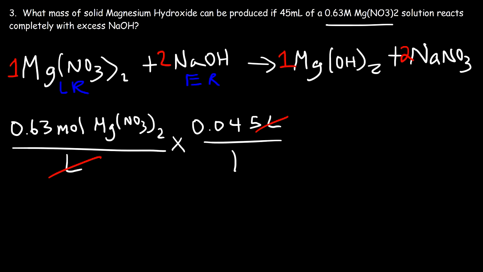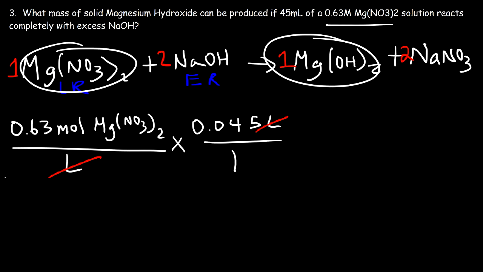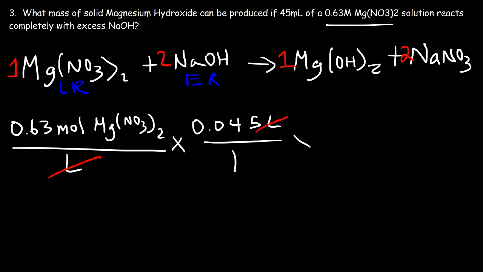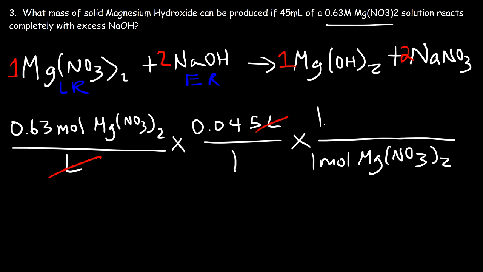Now let's change the substance from magnesium nitrate to magnesium hydroxide. So it's a 1-to-1 ratio. So for every mole of magnesium nitrate that reacts, 1 mole of magnesium hydroxide will be produced.